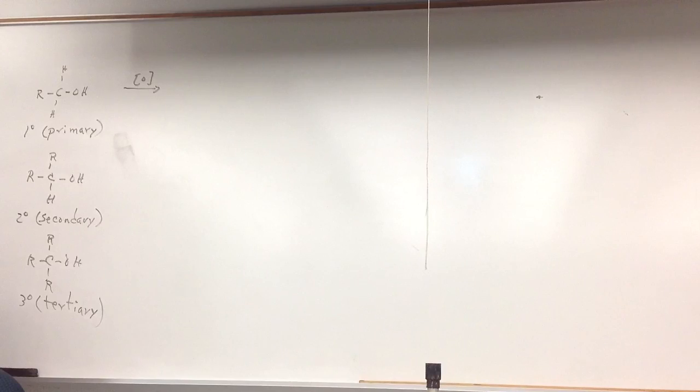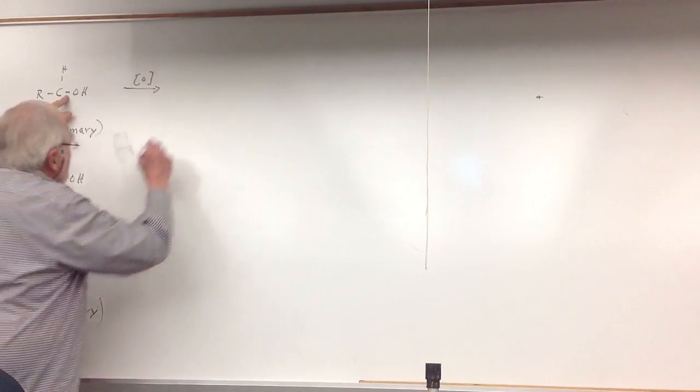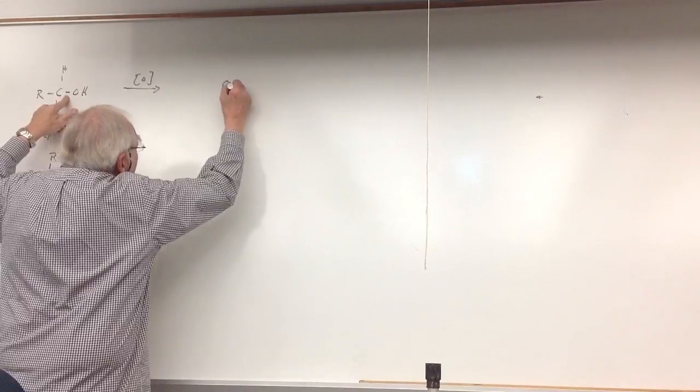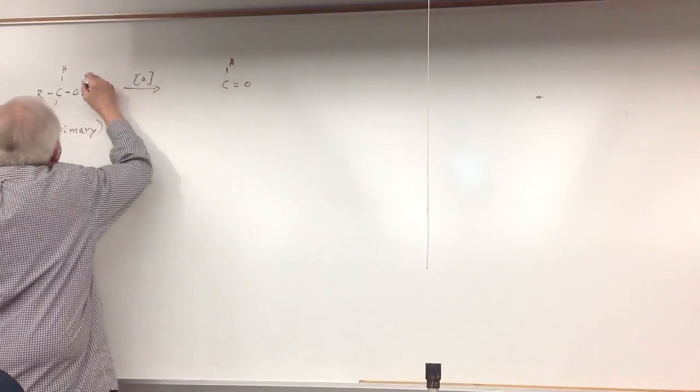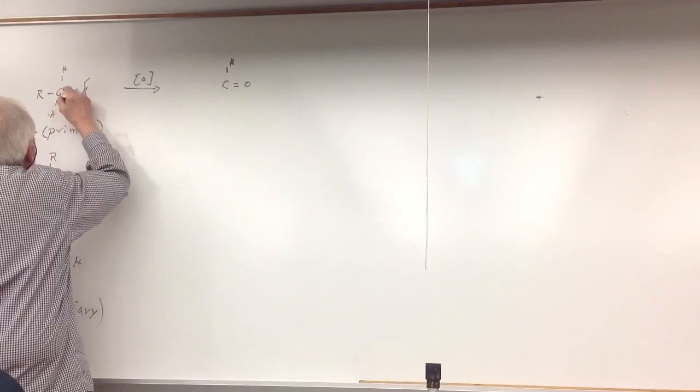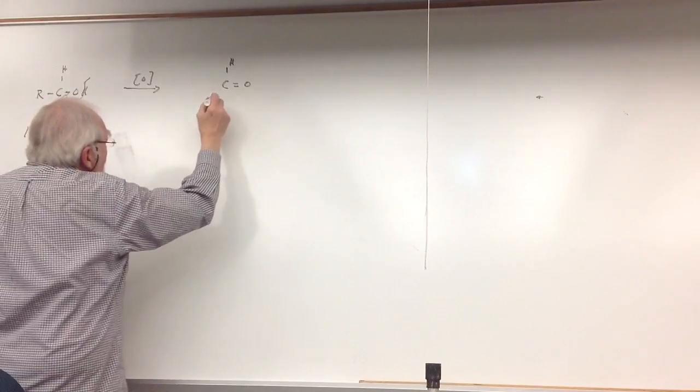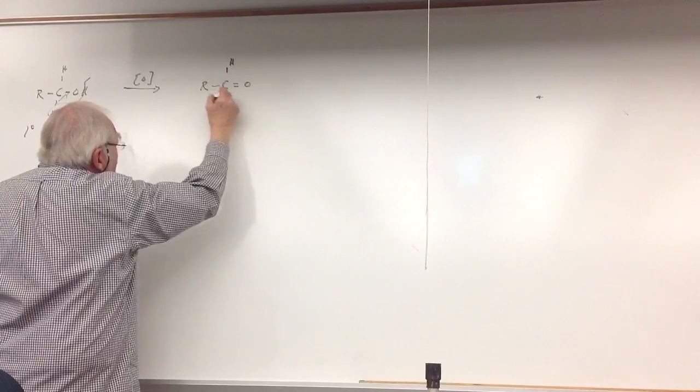But if I oxidize this thing, what I do is form a double bond. There's still one hydrogen left here. In other words, I pulled out this thing and made a double bond in here. This is called a carbonyl group.